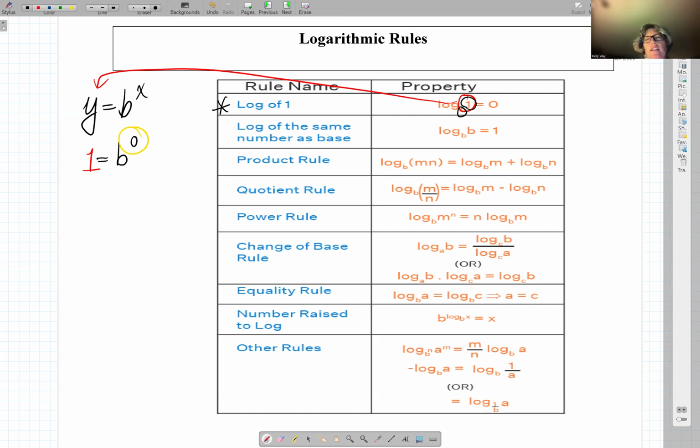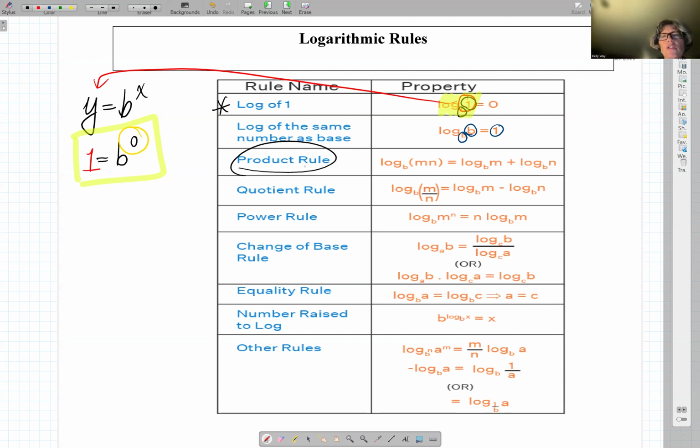It's just the inverse. That's a really important one, probably the most important. So the log of any base of 1 is 0. And that's because of this right here in the left. The next most important is that if the log b is the same right there, then your result is 1.